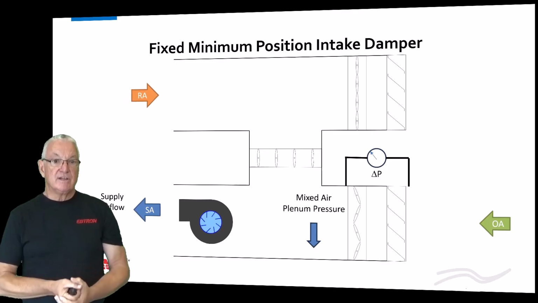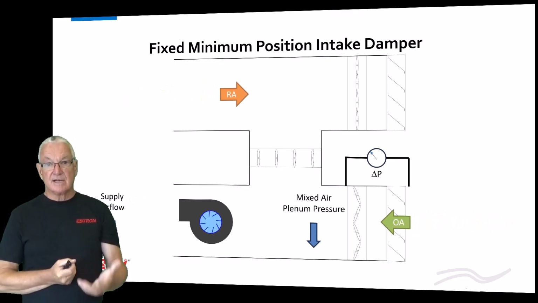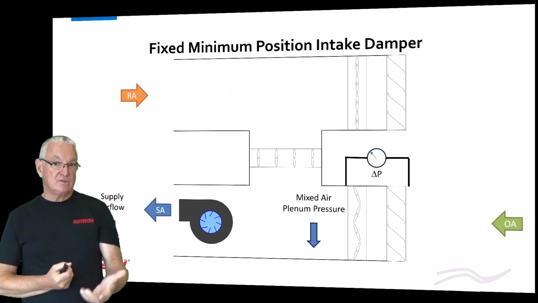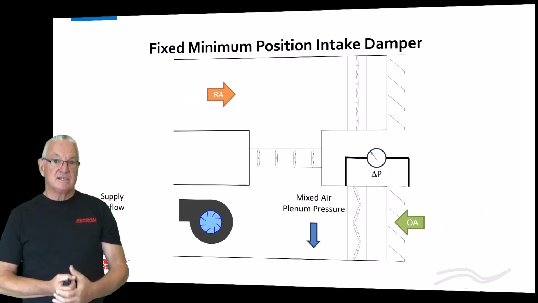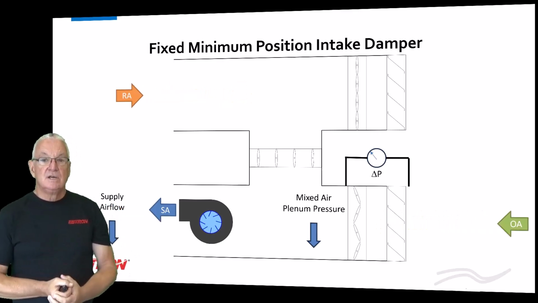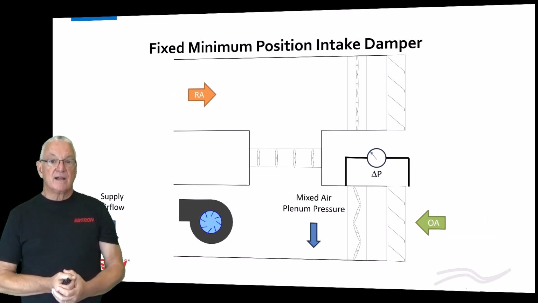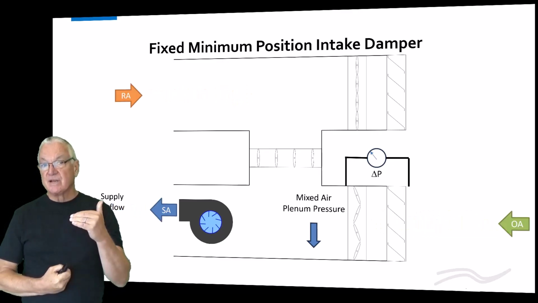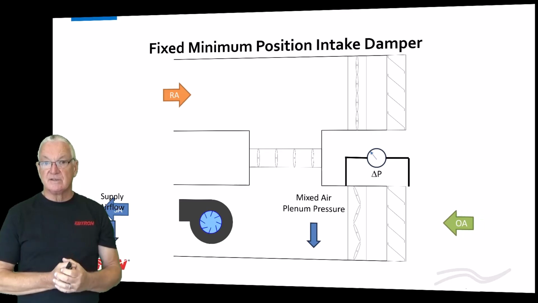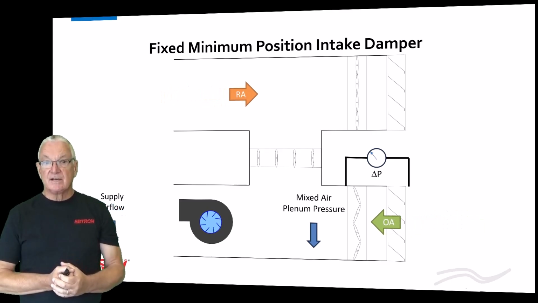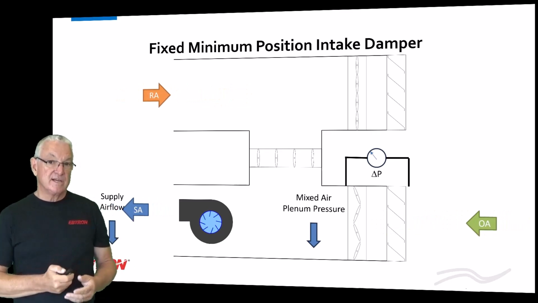Well, as we reduce the supply airflow, the mixed air plenum pressure changes and the outdoor airflow changes, as well as does the return airflow. So, there's a lot of things going on here. But from a dilution perspective, you're reducing the outdoor air. It also creates some pressurization problems.